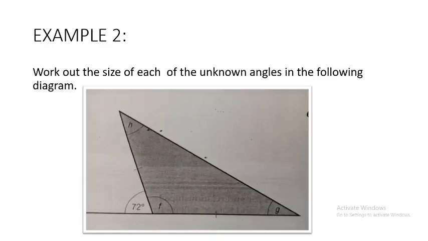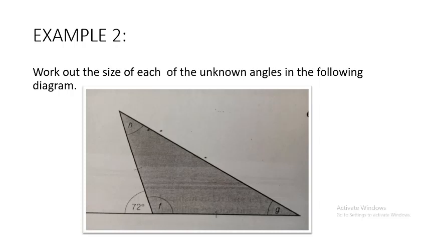Example 2. Example 2 says, work out the size of each of the unknown angles in the following diagram. So here we have also been given the isosceles triangle, but this one is different from the first one because one side is extended and we have an exterior angle which is 72 degrees.